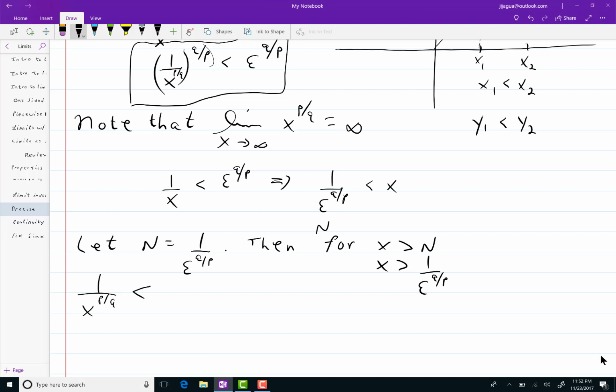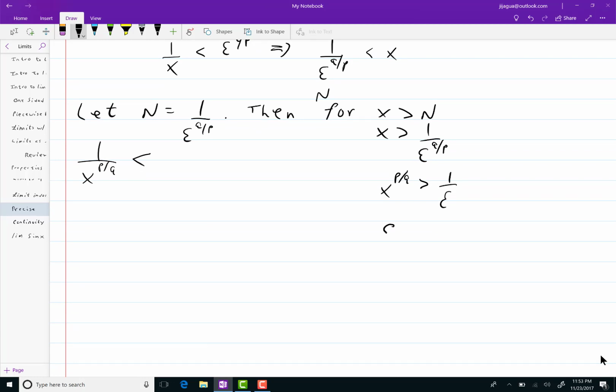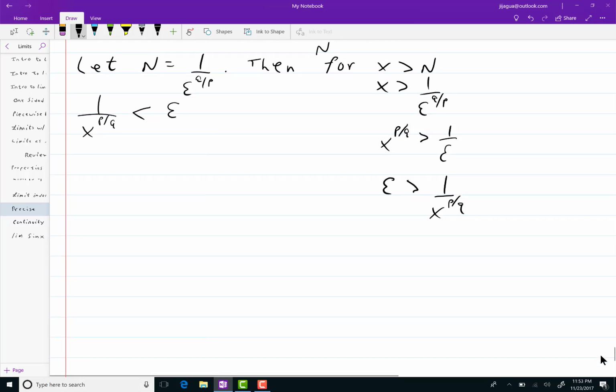I can reverse all the stuff that I did before. Take both sides to the p over q. So x to the p over q is greater than 1 over epsilon, which means that when I solve this inequality, I'll get epsilon is greater than 1 over x to the p over q. So this will be less than epsilon as needed.